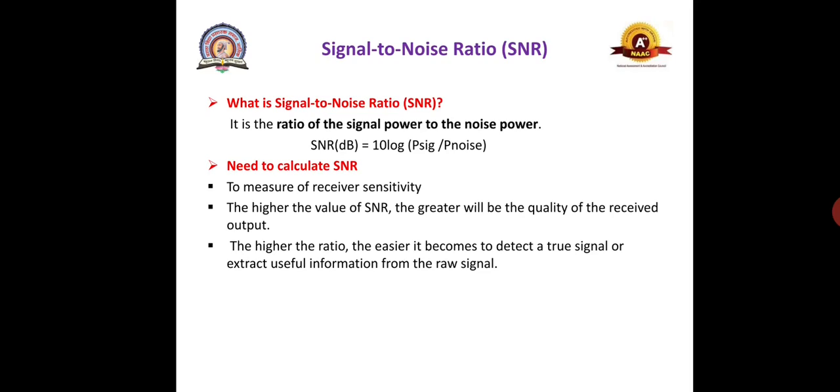So if the signal and noise powers are known, then the S by N ratio can be calculated in decibels, dB, equal to 10 times log to the base 10 of signal power to noise power. This can also be calculated in terms of the signal voltage and noise voltage.